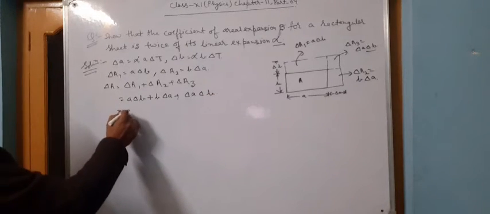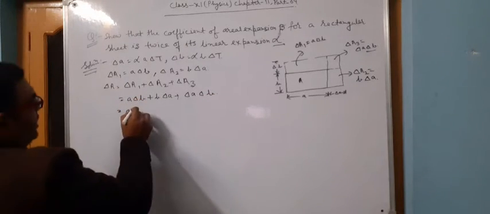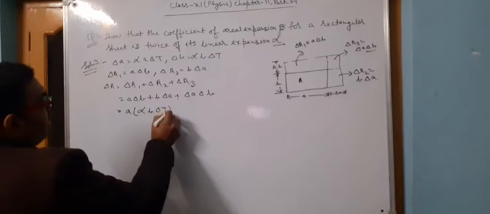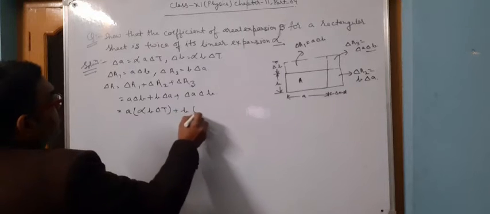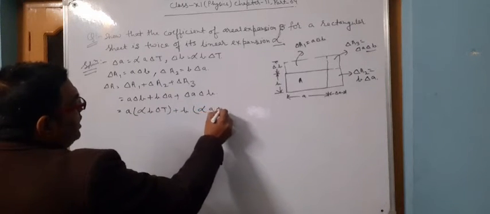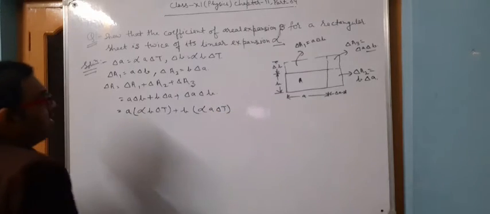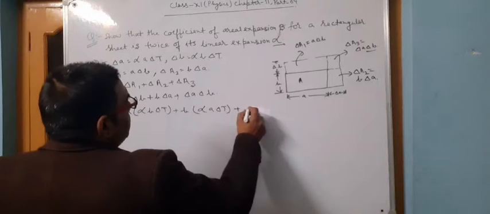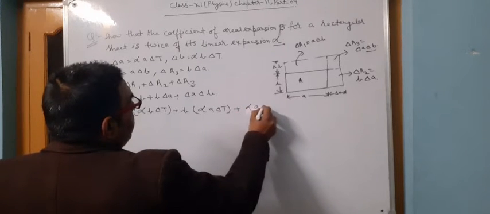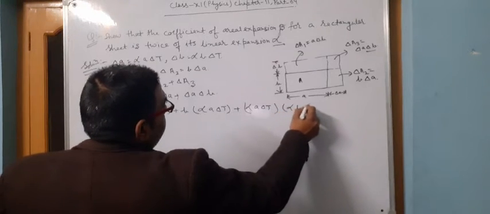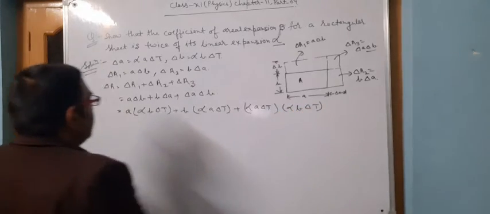Obviously, putting in the values, A into delta B is alpha B delta T, plus B into delta A, that is alpha A delta T, plus alpha A delta T into alpha B delta T. Now look at here.